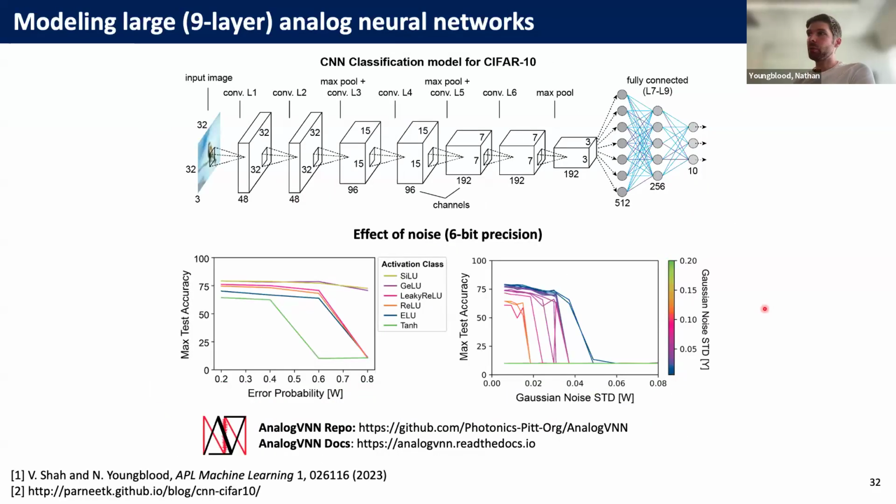By using this framework, we can do relatively complicated models. Well, this is a relatively simple one, but we've now done even large language models using this framework. And we can change, for example, the precision, the amount of error, and the activation, include all of that in our modeling, and see what performs well under realistic optical situations. So if you have 6 bits of precision, and in this case error probability is linearly proportional to the noise, we can see that certain activations perform better, and that you need more precision in your weights than in your optical inputs, which is helpful to know.